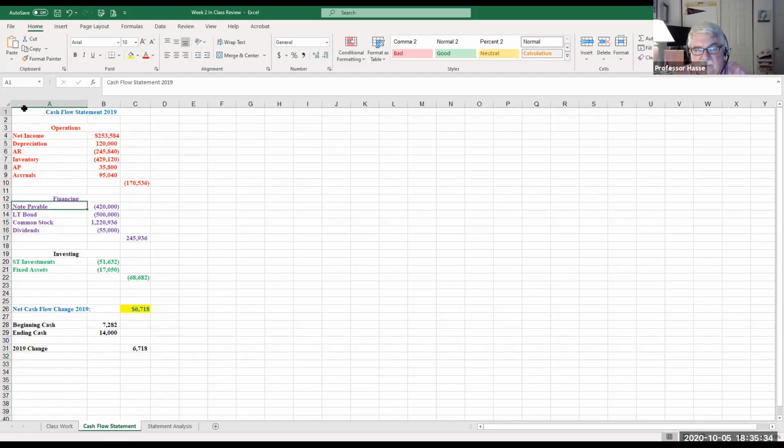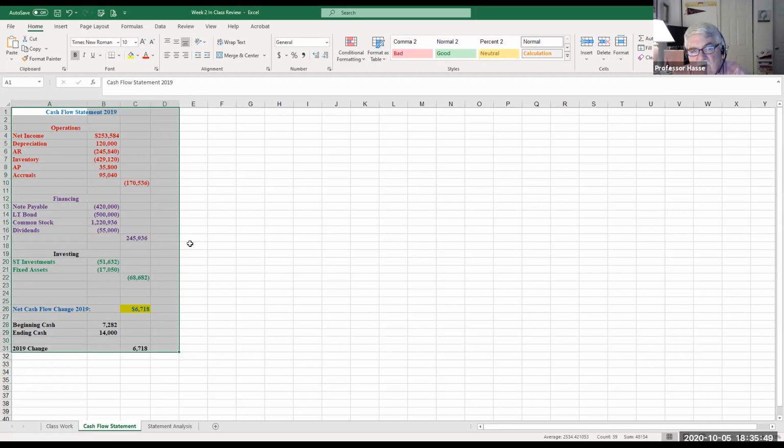For our purposes in this class, this is numero uno. This is the one. Because it tells about our efficiency and profitability in operating our business. It tells us how we're either paying for or acquiring finances. And it tells us where we're investing our money. The cash flow statement.